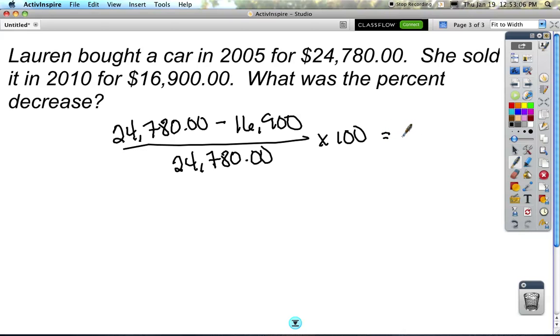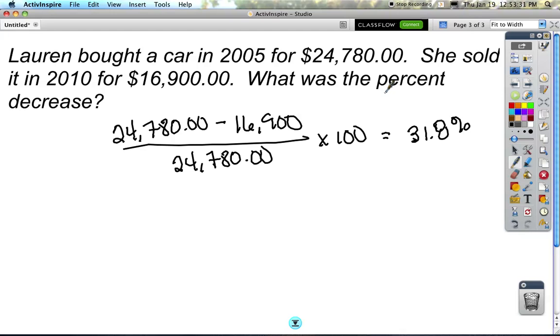Okay? Some of y'all are still typing, so I'll give you a minute. Now, what did you get for the percent decrease? 31.8%.